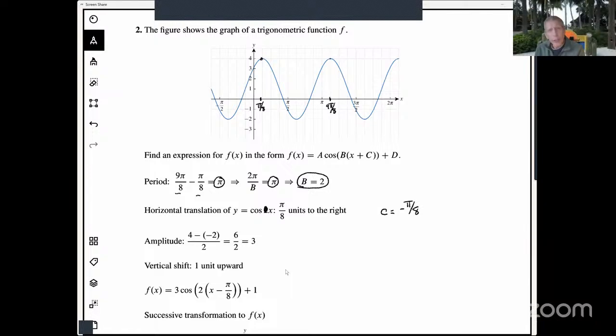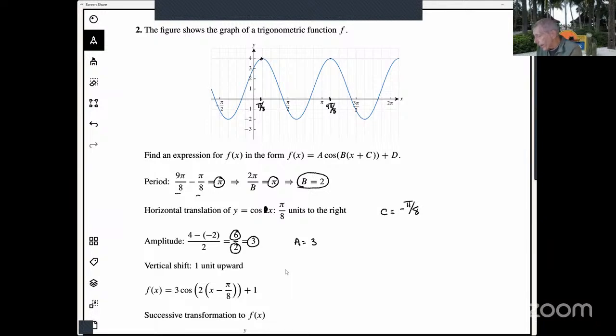The amplitude, well, like I did in problem number 1, I've got to find the peak and the valley here, and it looks like the highest value of y is 4. The lowest value is minus 2, so the difference is 6. Divide that by 2, so the amplitude is 3. I don't see a reflection here, so I believe that's saying that A is going to be equal to 3.